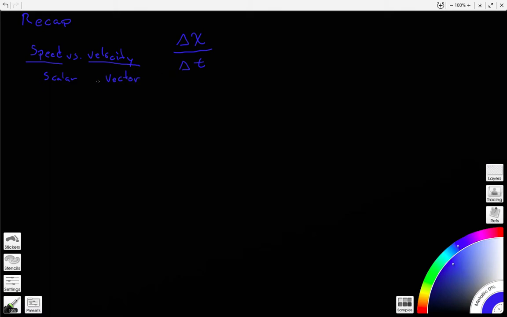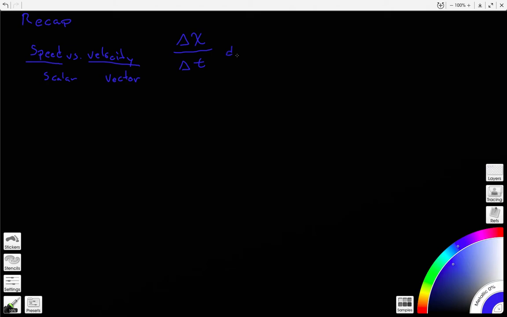What does that mean? Well, basically, it means that speed is basically a number, okay, that is indicating how much my distance is changing over a certain interval of time, how much my position is changing over an interval of time, and velocity is telling me the exact same thing, how much my displacement is changing over an interval of time, but it's also indicating a certain direction.